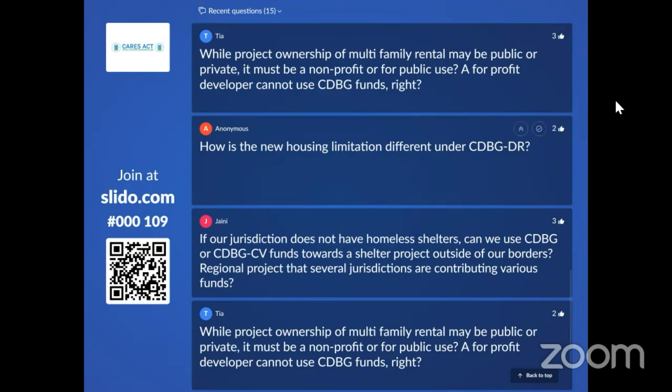So that said, a multifamily rental building can be owned by anyone.